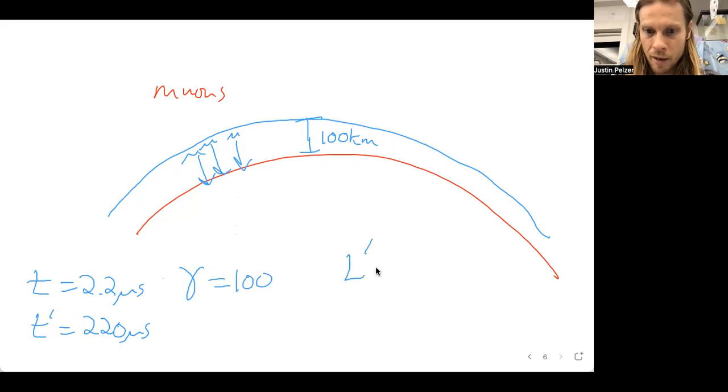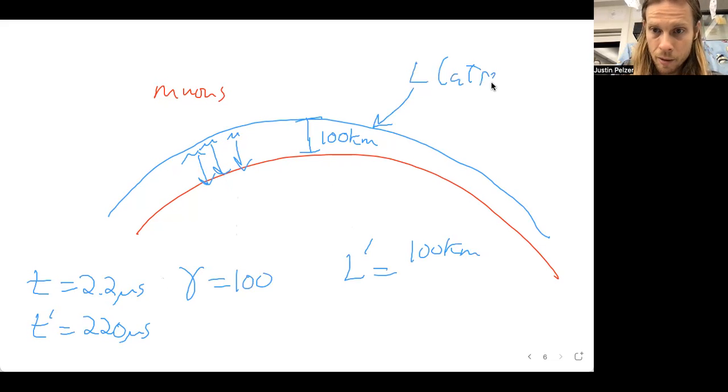Which means, how much length do they experience of the atmosphere? Well, the length of the atmosphere is 100 kilometers. This is L because it's at rest. And L prime is what the moving object sees, so that's over 100, which is gamma.